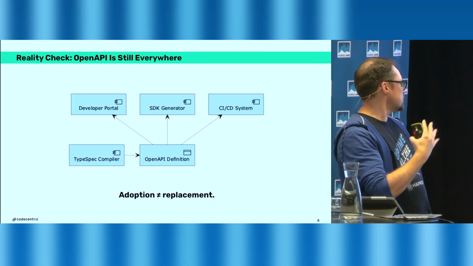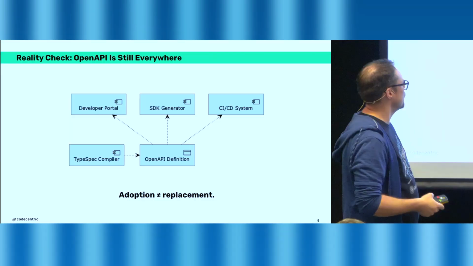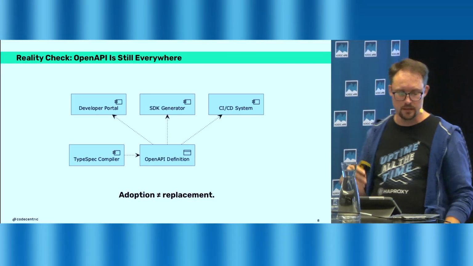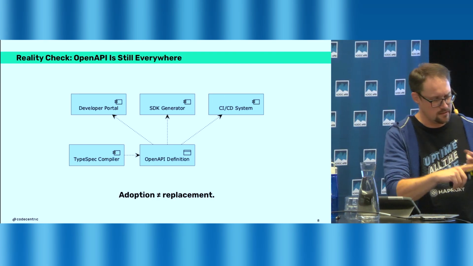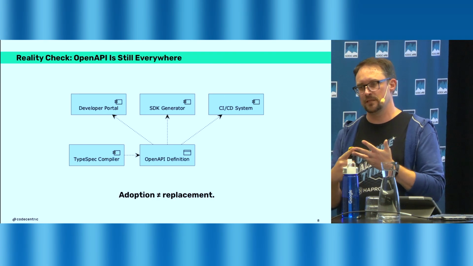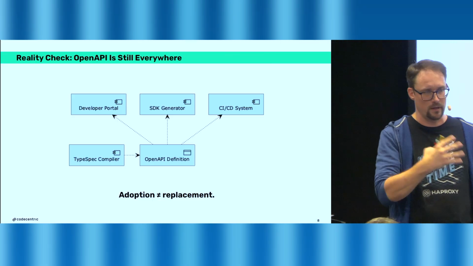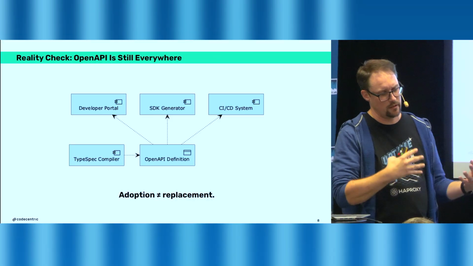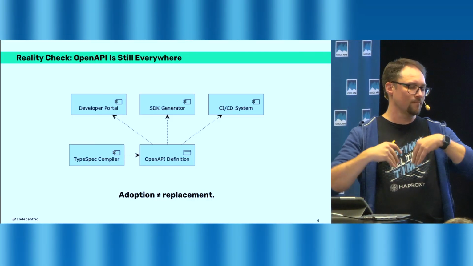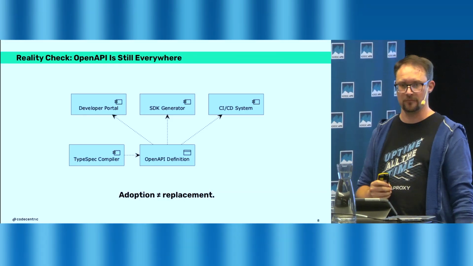We just have the TypeSpec compiler here, which compiles the OpenAPI definition, and the OpenAPI definition is pushed to the portal, to an SDK generator, and to a CI/CD system. So we don't bring TypeSpec into the lifecycle things we already have. We really make sure that the compiler just compiles the definition, and the definition is carried out into the fields where we're actually working.